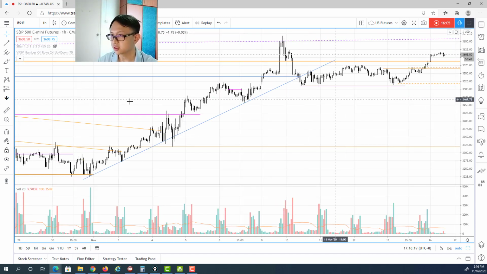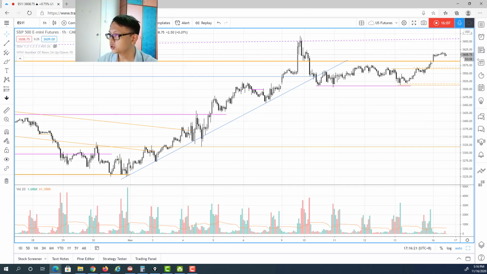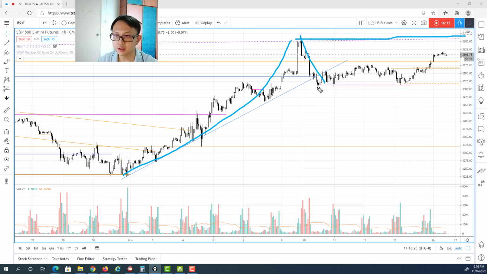So if we look at the slightly longer picture, this is the immediate uptrend followed by a change of character. So that could really define the trading range.